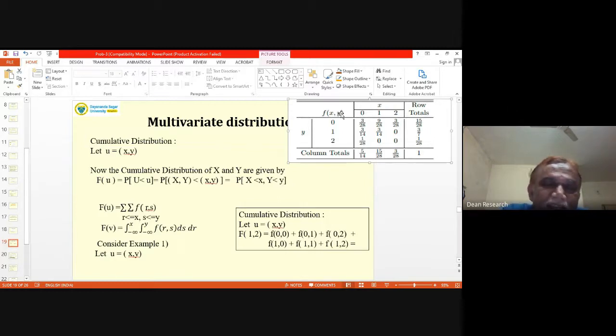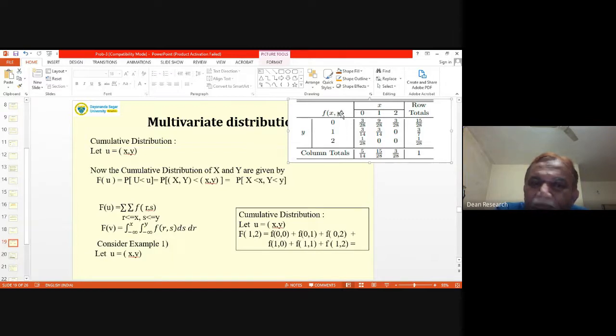When you take up a cumulative distribution, how do you define that? It is not that involved. It is quite simple, very similar to the one you had earlier in single variables, discrete or continuous. Now let us write a notation. U is equal to x comma y.